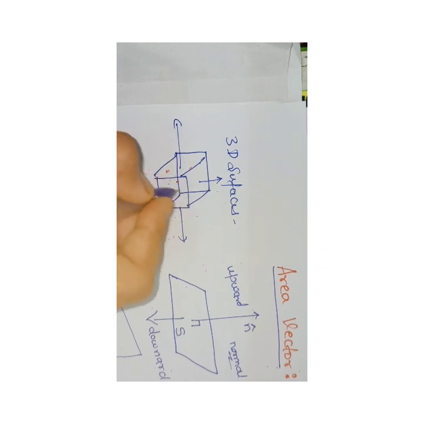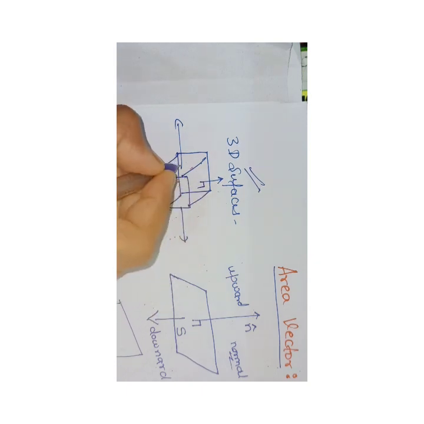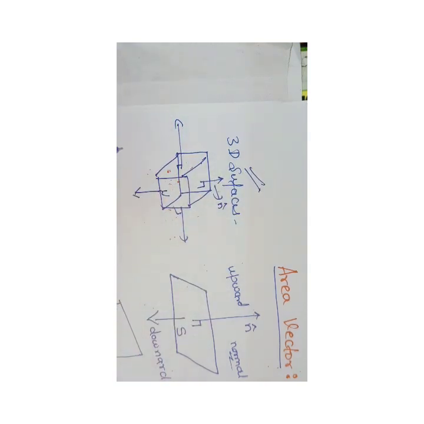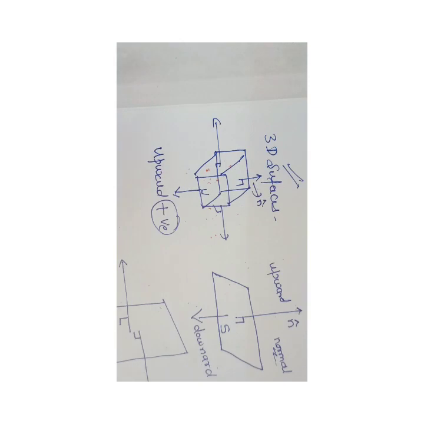I have not drawn inward, I am showing only outward. In 3D cases, see, is it perpendicular here? Perpendicular, right? It should be like this. So this direction, always in 3D you are going to take the outward direction. Always you will take a positive direction.